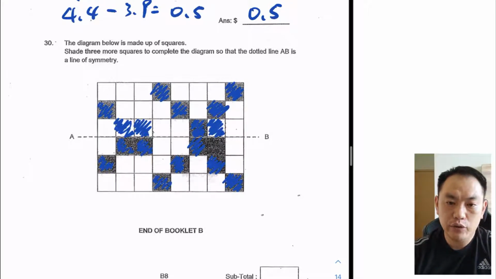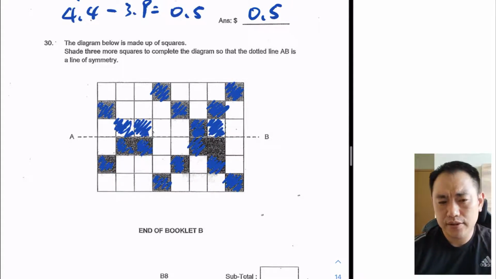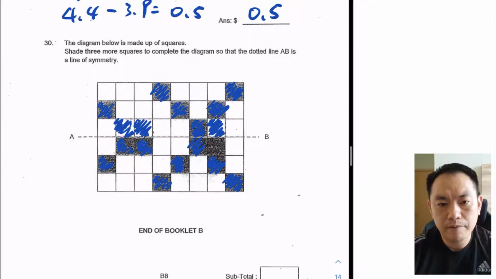In a different video, I will continue to work on booklet 2. It's a much longer paper. I might do it in one video, or I might do it in two videos. The time I'm recording this video is about April, so that's still about another month or two before everyone writes the exam for the first semester.